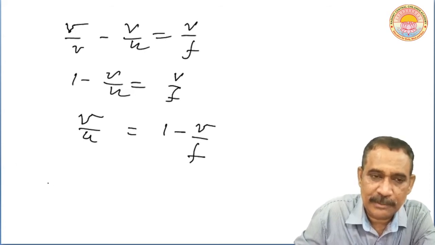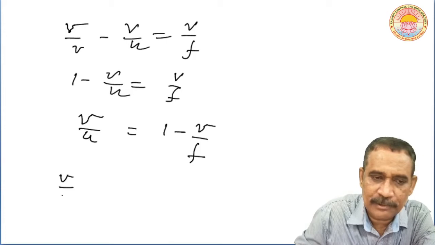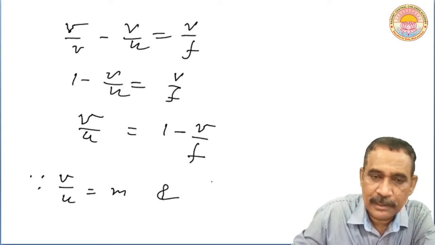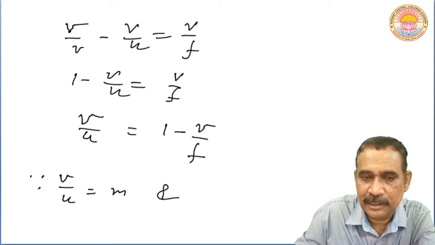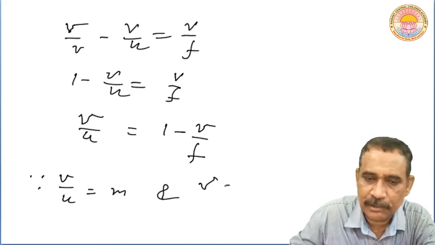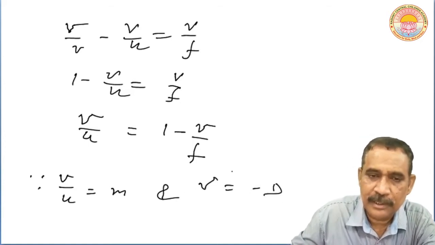Since the linear magnification, V upon U, is equal to M, and the image is formed at D on the left side of the lens, it is against the direction of incident rays. So V equals minus D. Now you put this value in the first equation.